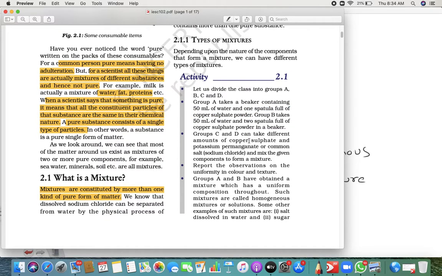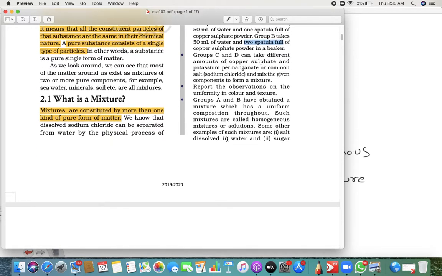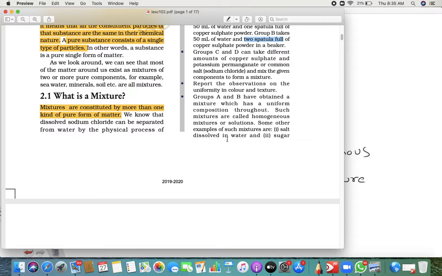Then it makes the water a little pink in color. In another beaker I take 2 spatulas of copper sulfate, right? And in C and D we take different amounts of either copper sulfate or common salt, right? So whenever a substance is added and it dissolves completely throughout, those are called homogeneous mixtures.